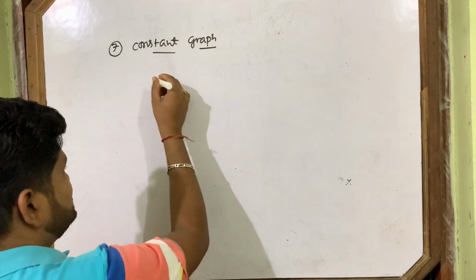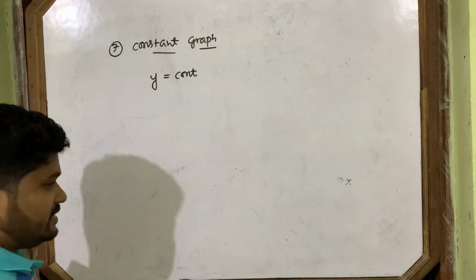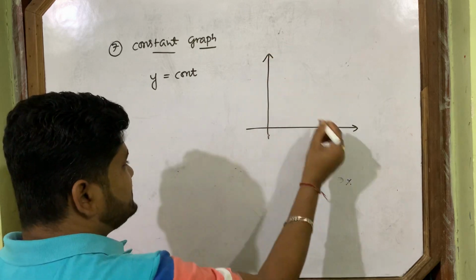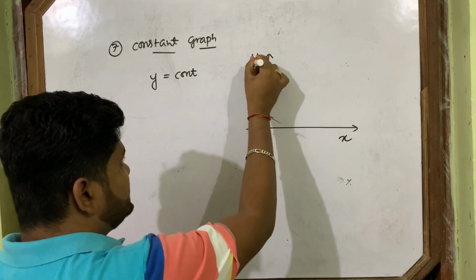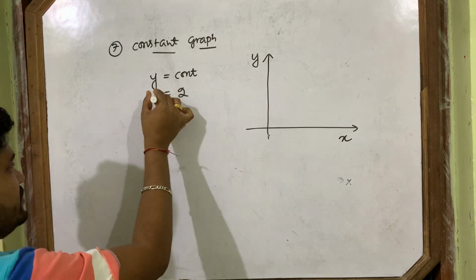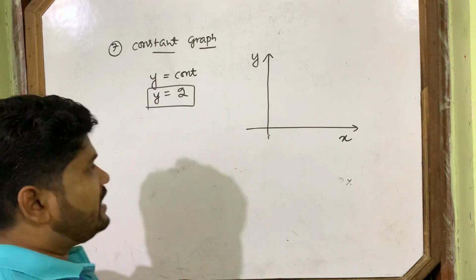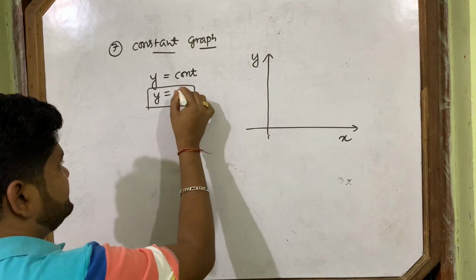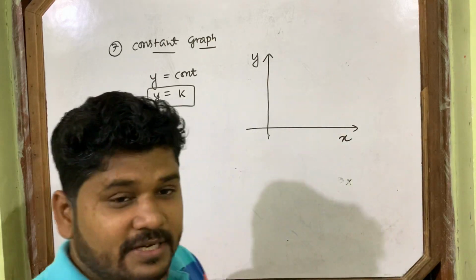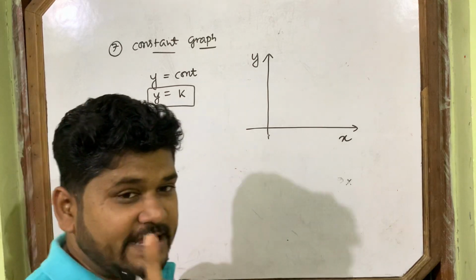When something is constant, suppose I tell you y is equal to constant. Then how will the graph be? This is x and this is y. But y is equal to a constant, suppose y is equal to 2, or I will say y is equal to k. In the graph, y has only one particular value, that is k.